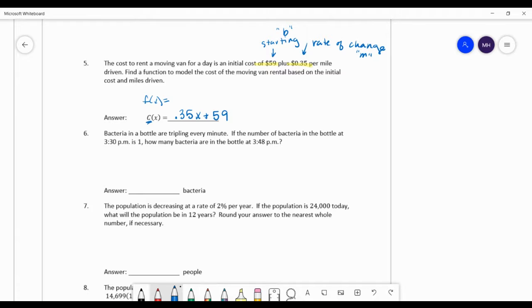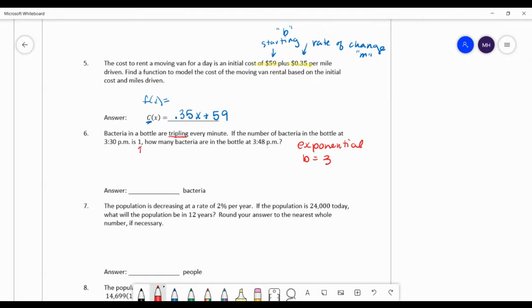All right, number 6, bacteria in a bottle are tripling every minute. This right here tells me that we are going to be an exponential model. And that B value will be 3 because of that word tripling. If the number of bacteria in the bottle at 330 is 1, how many bacteria in the bottle at 348?